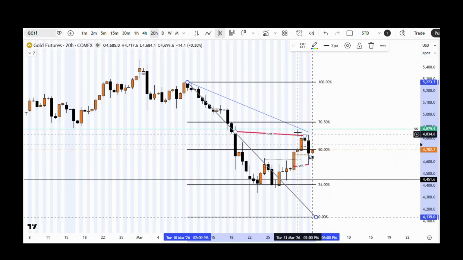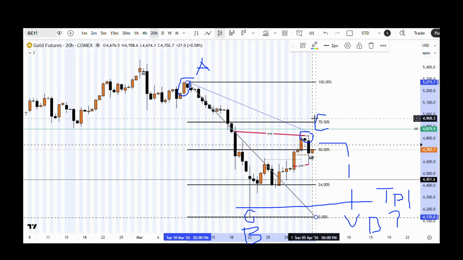Now, when price gets closer to the 70, then by default, I always put the stop loss above point A. The only time I play around with that is when price is lower than that 70% fib. Just because price can, like I said, revisit the 70%. It doesn't mean the model is broken. It just means that price is doing what price will do.